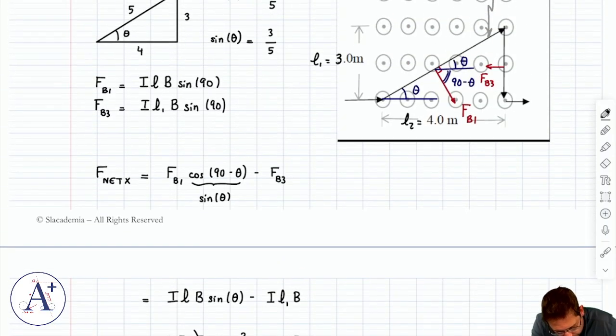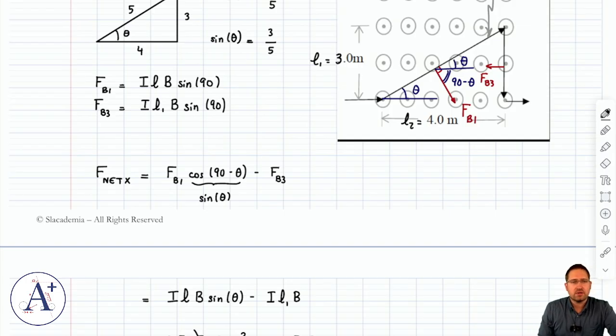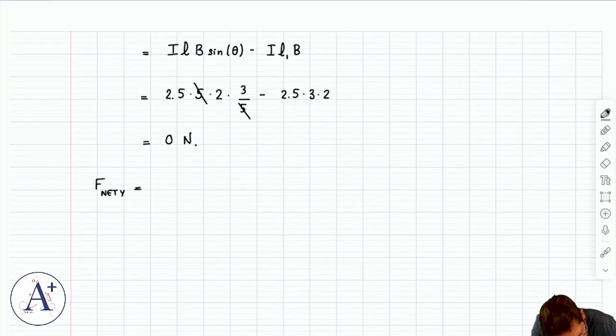Now F net y is going to be the y component of FB1. It's going to be negative because it points down. It's going to be FB1 sine of this angle 90 minus theta. So it's going to be minus FB1 sine of 90 minus theta.